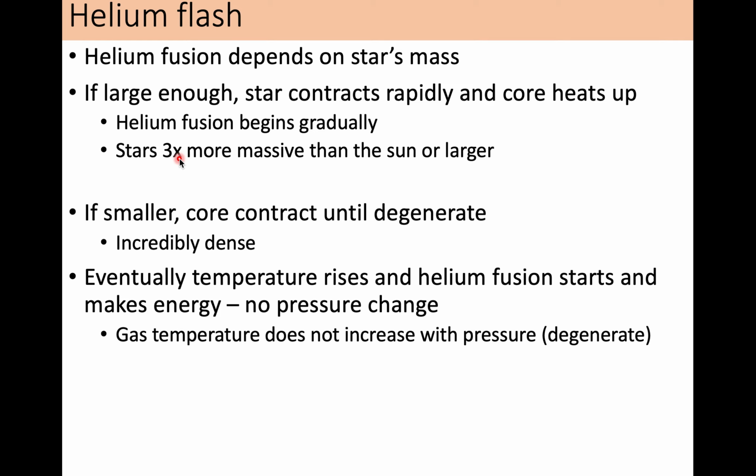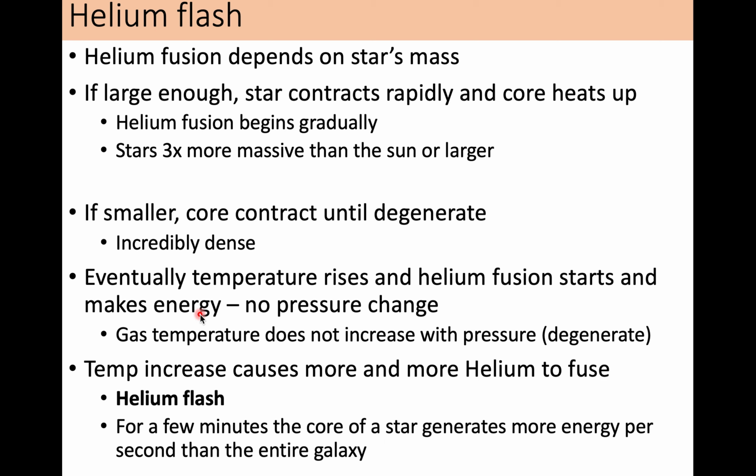The temperature of the gas does not increase with that change in pressure, because remember, with the smaller stars, we're talking about degenerate material. What we call this is a helium flash.